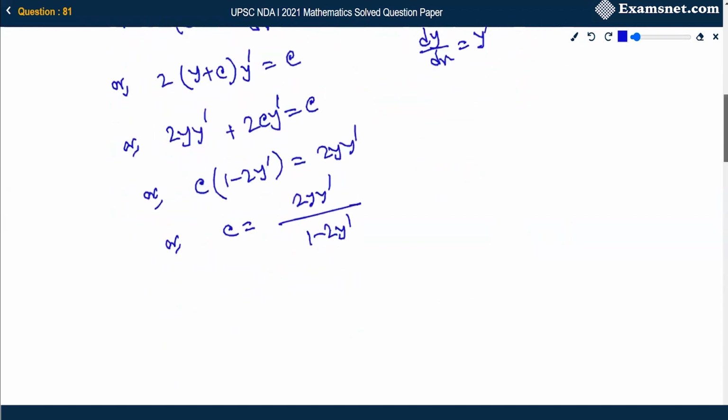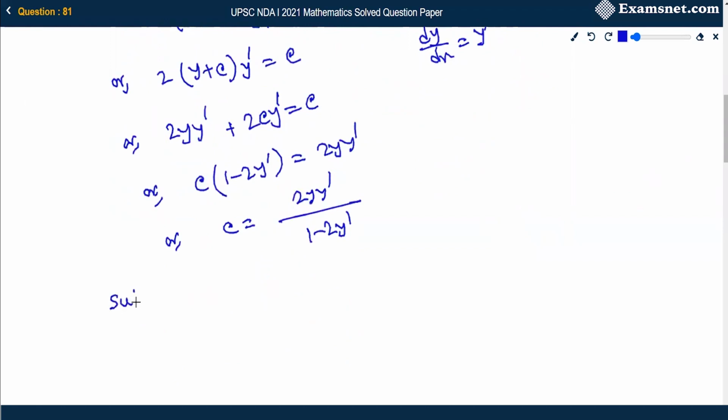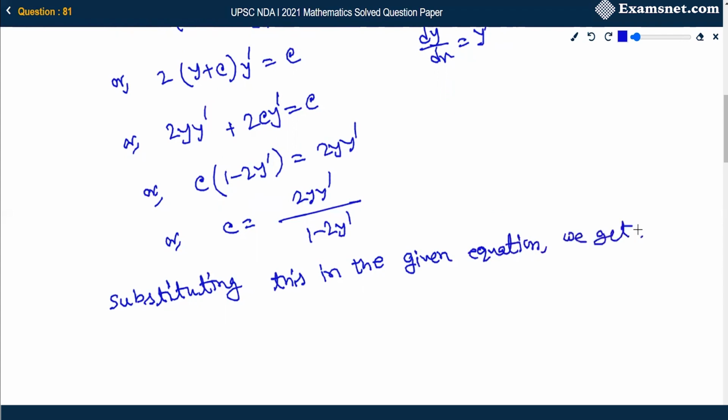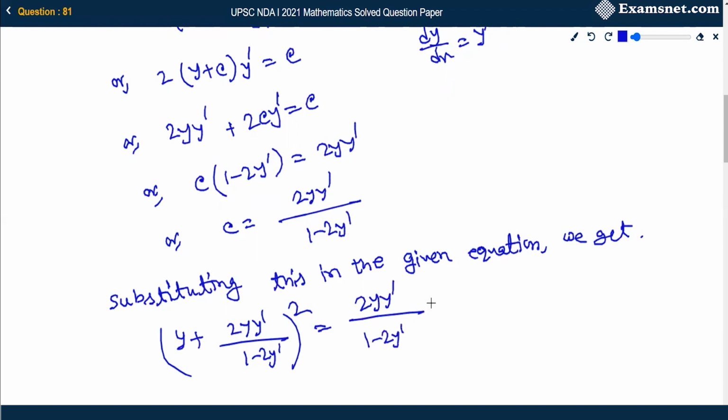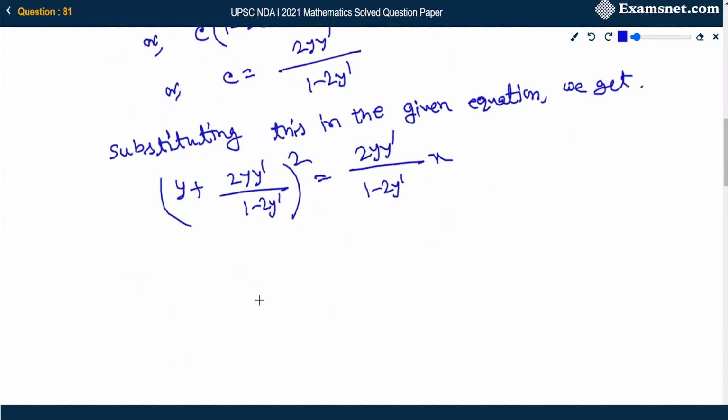Now substituting this in the given equation, we get y plus c, meaning y plus 2y y dash by 1 minus 2y dash, whole square equals to y dash by 1 minus 2y dash multiplied by x. So inside the bracket we can simplify it.